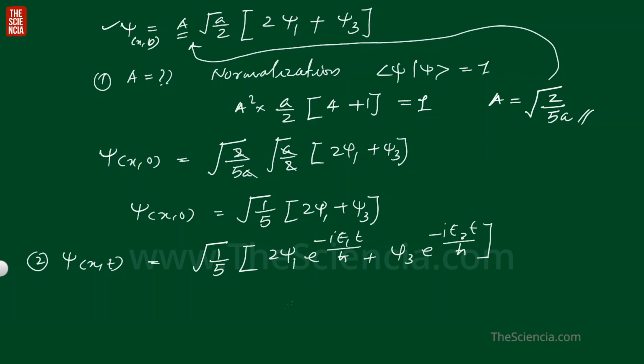And you know the expression for energy, that is En is equal to n square pi square h cross square by 2 m l square. So you have to find the values of E1 and E3 and substitute those values here. You will get the final result.